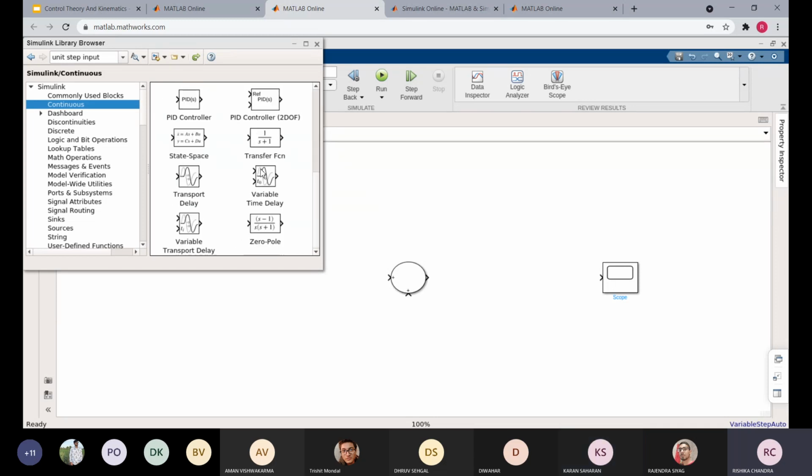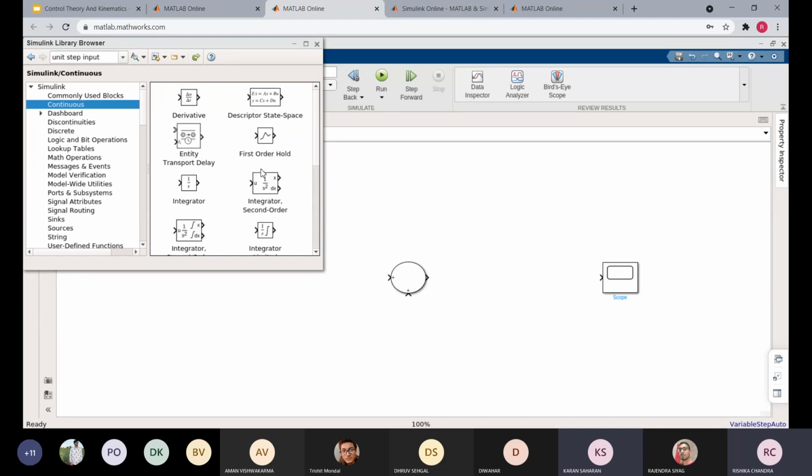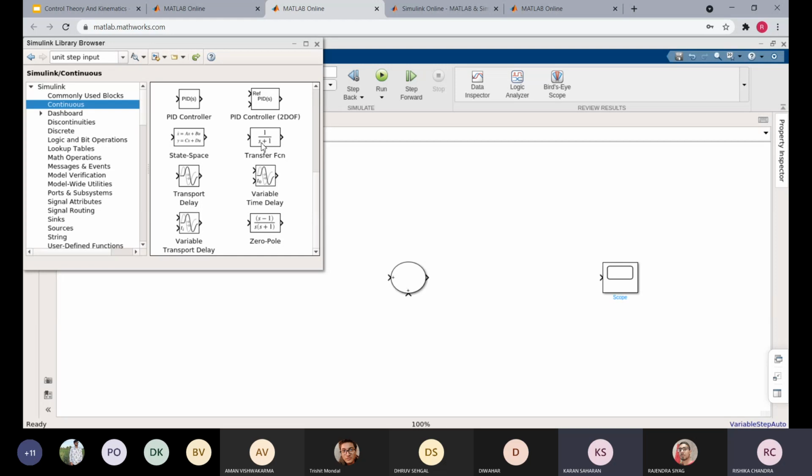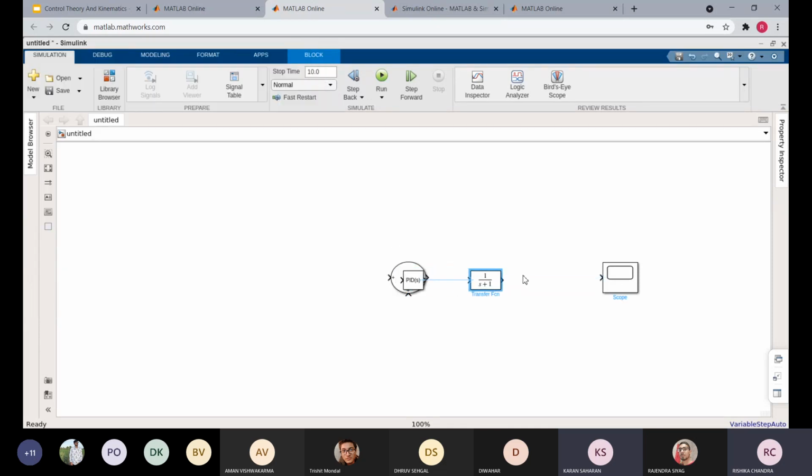Yeah, first let's take some PID. Let's say we take this PID controller, right click on this, add block to model. And let's take this transfer function. This transfer function will behave as a plant, like the car and device example that I gave. So this transfer function is the plant. And this PID will control this plant.